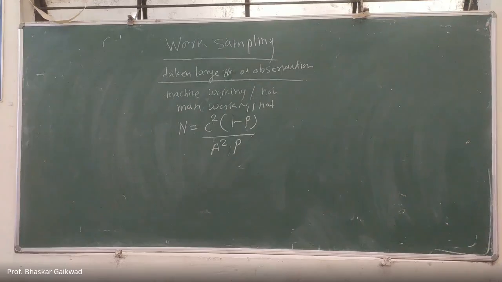Mass production, continuous production is there, so how many samples will we take? We can decide that on the basis of this statistical formula. It has been proved, but in our syllabus you can take this formula directly. N is the number of observations. P is the activity, which is always in percentage. C is the confidence level, and A is the limit of accuracy.